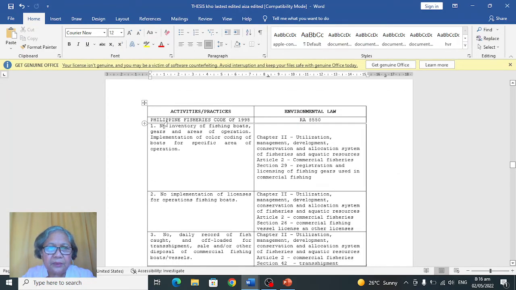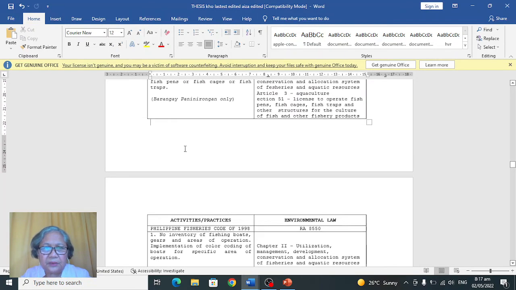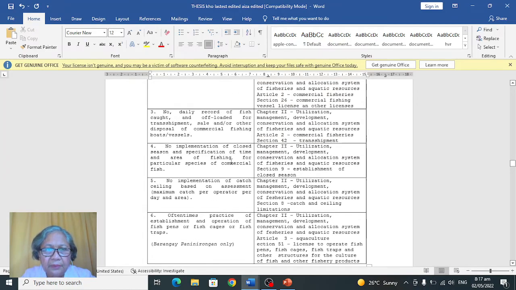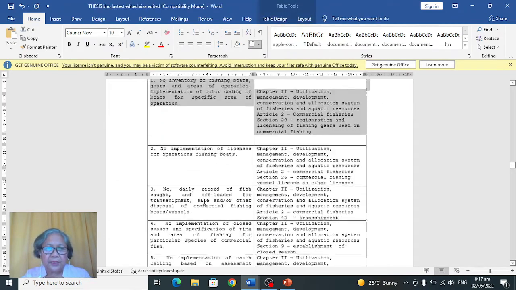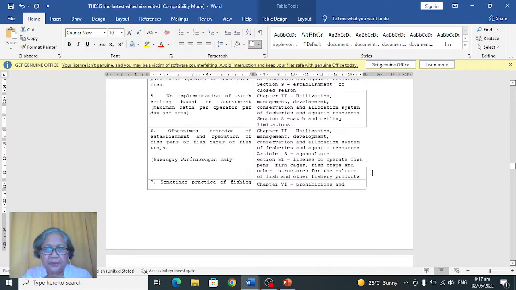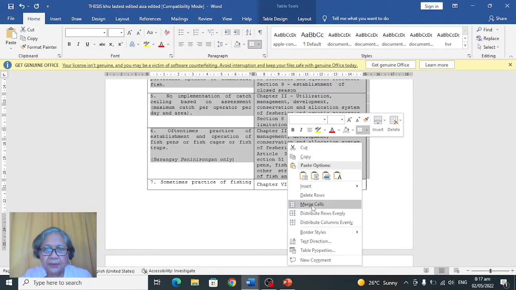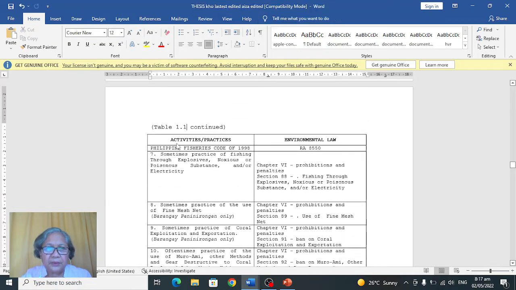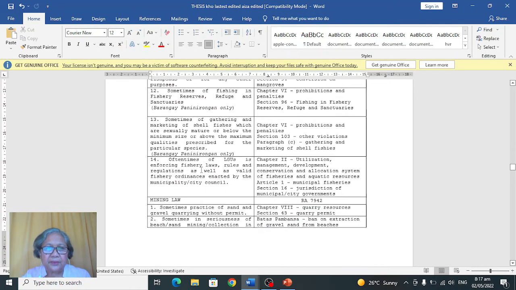So, dito, since this is the continuation of table 1.1, lagyan natin table 1.1 continue. Since andoon na ang numbers 1 to 6, ito naman ngayon ang i-delete natin. Delete rows. Yan. So, the continuation will start with number 7, no? And so on, and so on.